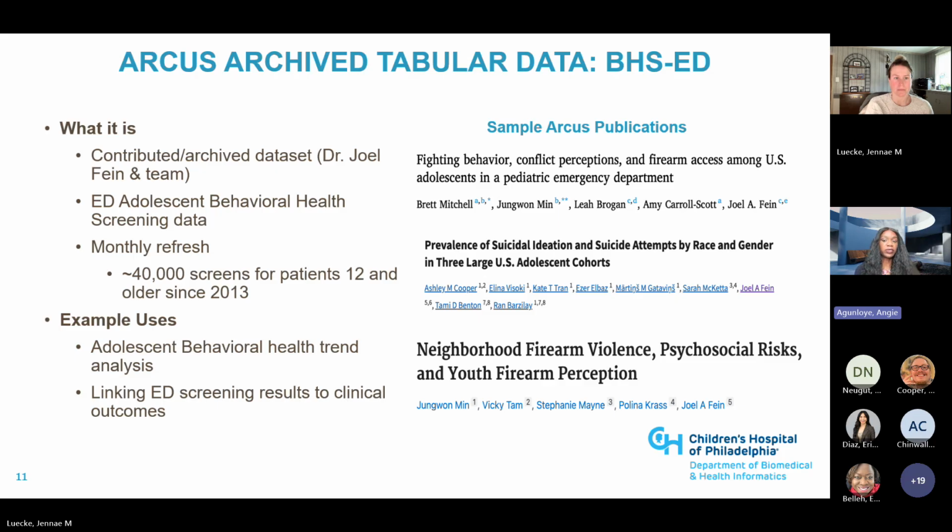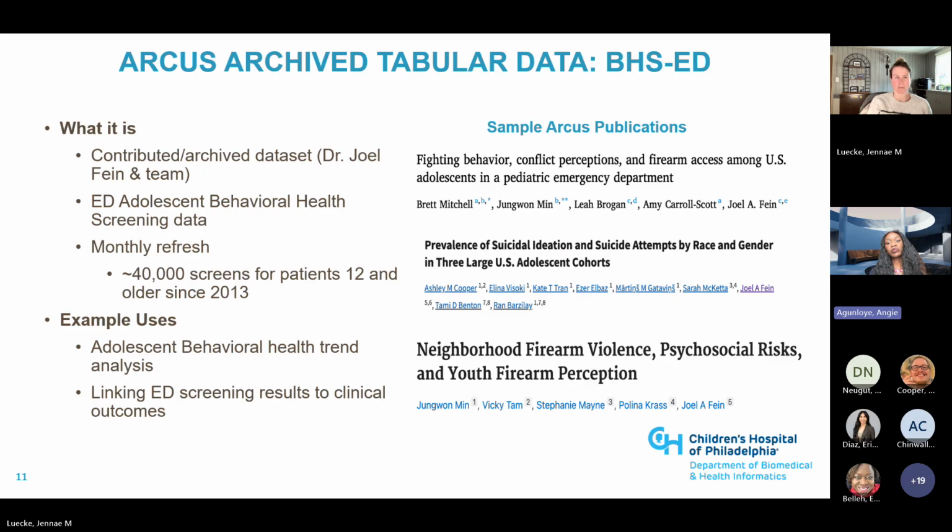The data set was developed by Dr. Joel and his team, and it does contain structured ED behavioral health screening for adolescents. It is refreshed on a monthly basis. We have over 40,000 records for patients 12 and older since 2023.